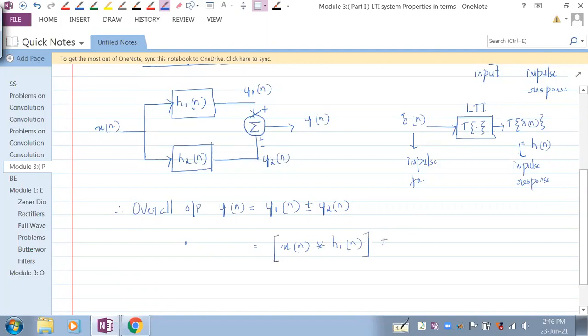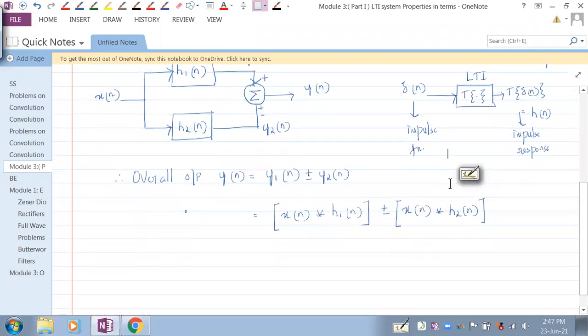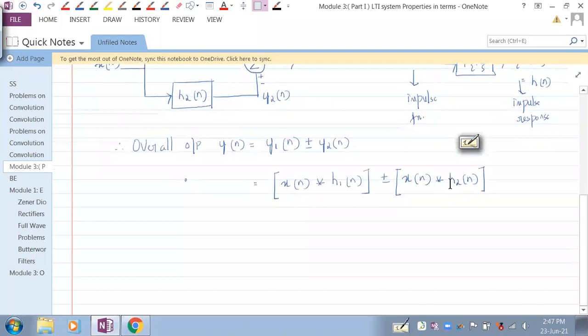Plus or minus x of n again, because it's the same input to both the systems, convolved with h2 of n. So this is how the overall output is going to look. Since both have the same input, let's take that input out.